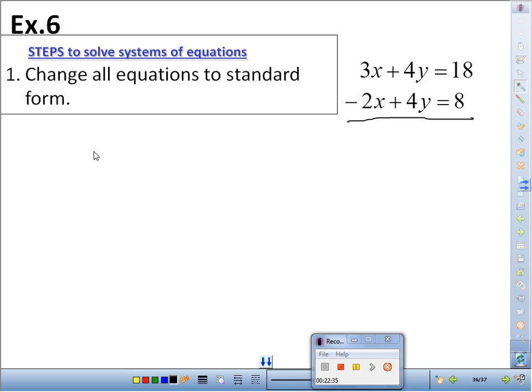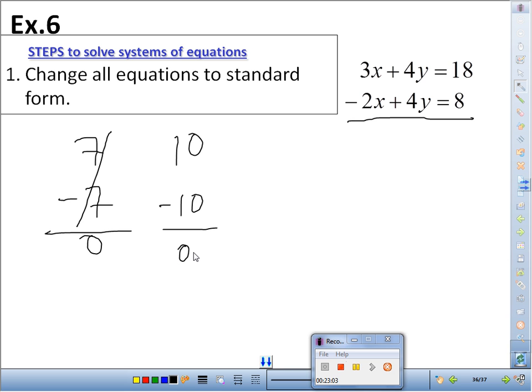Who remembers at the beginning of the year I said, if I give you the number 7, what makes this a 0 pair? Negative 7. 7 and negative 7 become what? 0. So basically they eliminate, right? How about if I gave you 10 and negative 10, that becomes 0.